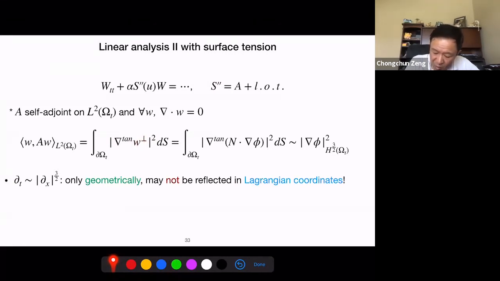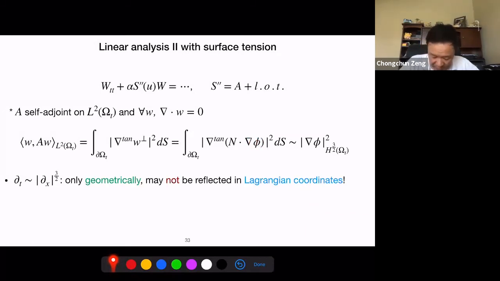The normal component of the vector field is equal to the Neumann derivative, the Neumann boundary condition of the potential function of the irrotational part, which is a harmonic function. So phi is harmonic, and the gradient phi is the irrotational part of W. And when you know the normal component of the irrotational part of the velocity field, in other words, if you know the Neumann condition of the harmonic function phi, then you pretty much have the estimate of the harmonic function phi.